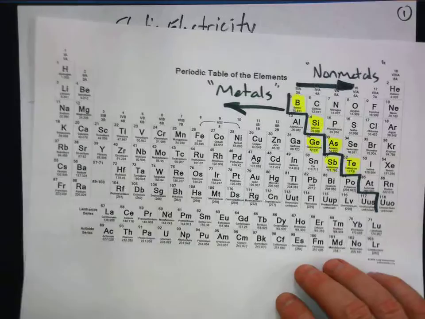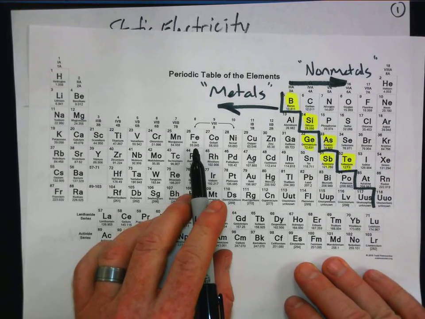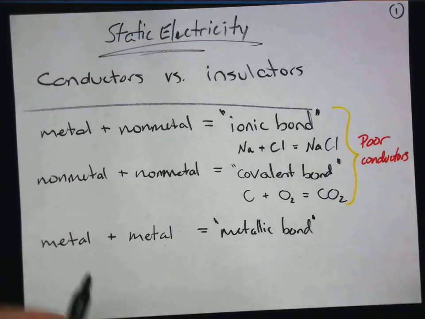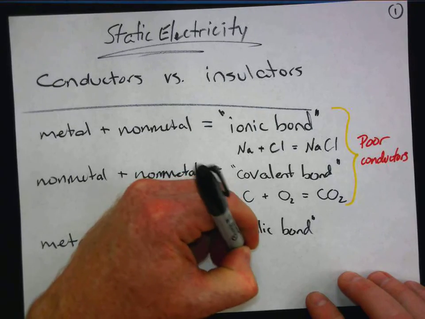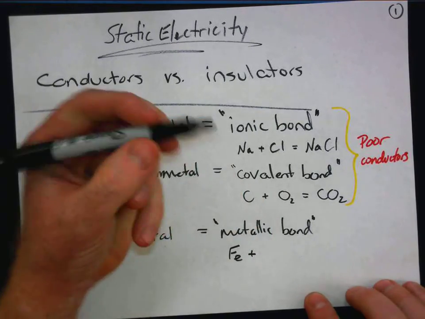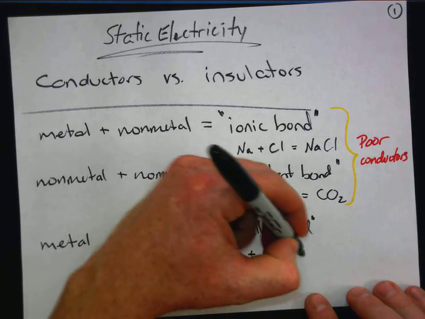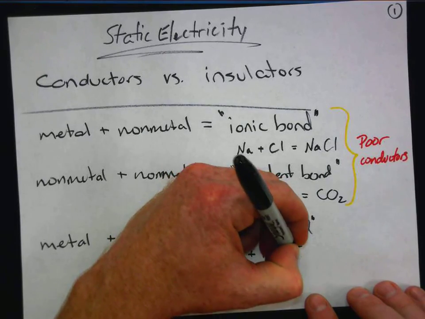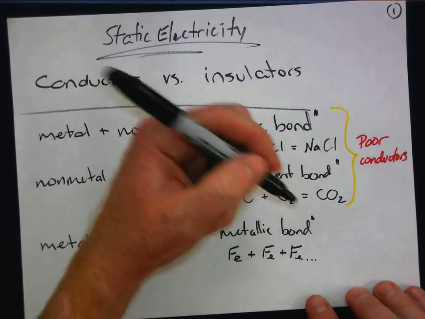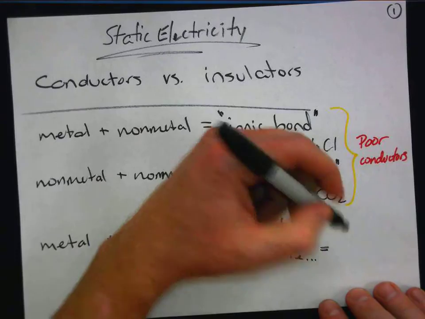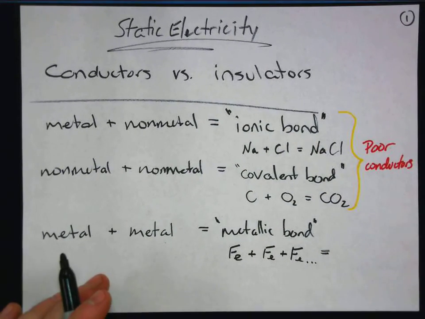Well, iron is located right here in the periodic table. So you're going to take some iron, bond it to other iron, and you might bond it to more iron, and you keep going, and you get a lot of iron.